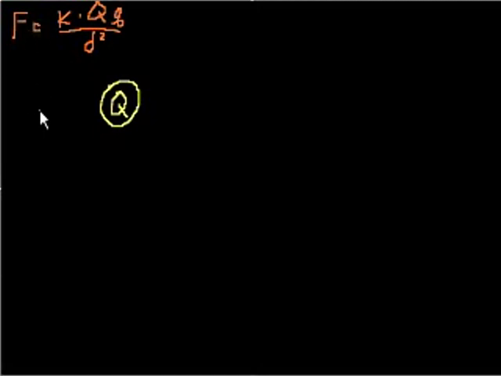So if we want to calculate the field, we want to figure out how much force is placed per charge at any point around this Q. So say, at a given distance out here, we want to know for a given Q what the force is going to be.